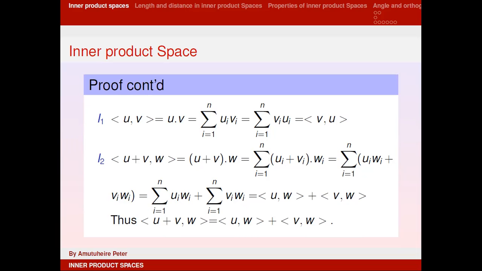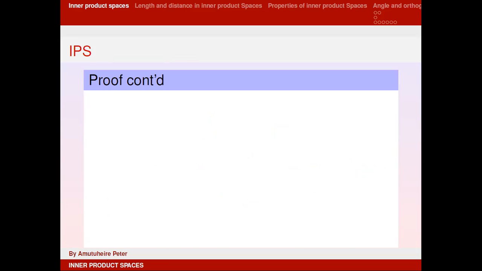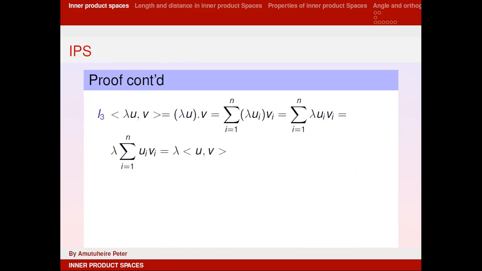Okay, next we check I3 and I4. For I3, we get the inner product of a constant lambda u then times v, and we know that that is the same as taking the product as shown here.